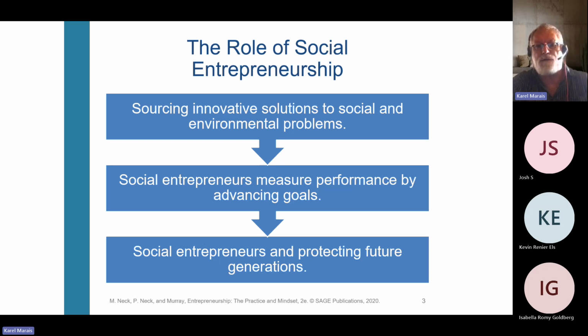Well, in this world, we're trying to look at how we create a venture that can address this social problem, that can bring about social change, and therefore we measure our performance by those social goals or environmental goals that we've set ourselves, those things we want to address. How well are we addressing them?